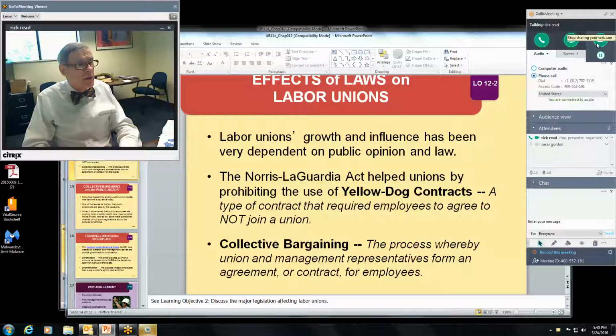They wouldn't sign a union pledge card or anything like that. So we had the Norris-LaGuardia Act that actually outlawed that. The Supreme Court even ruled in favor of yellow dog contracts. The unions were not respected for many, many years in the United States. And so we have the Norris-LaGuardia Act and a few other acts that allowed unions, allowed for collective bargaining, and things of that nature.